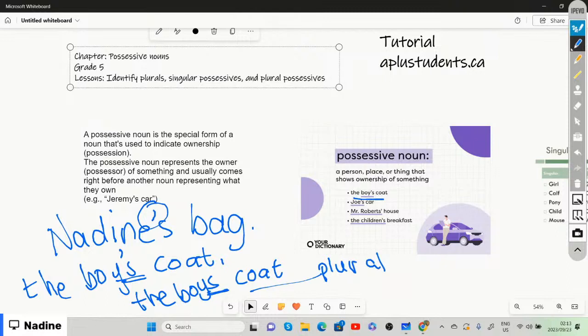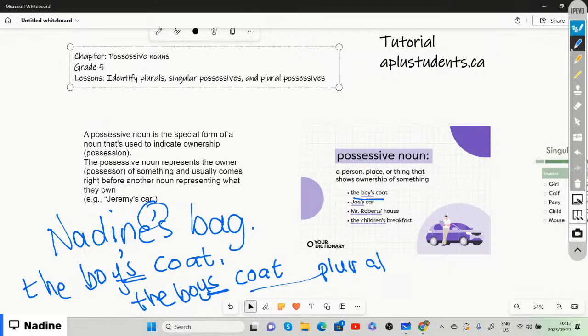So, a possessive noun is a person, place, or thing that shows ownership of something. Say you own a house, then it's your house. You're showing ownership of something. You have a car, then it's your car. Anything that belongs to you or to whoever, it is theirs.